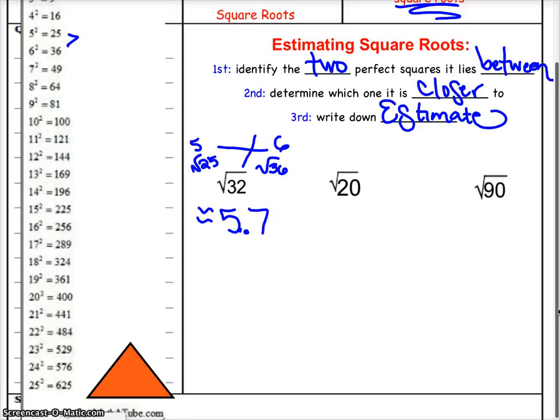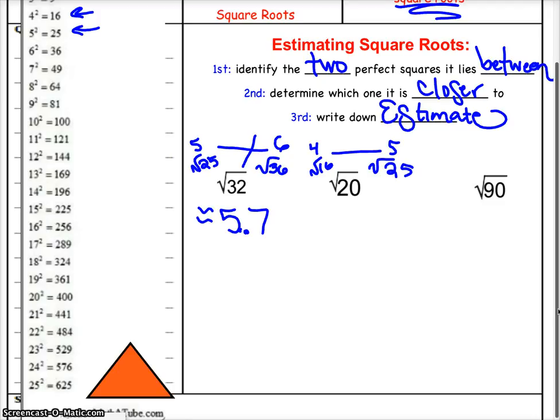Okay, so square root of 20. The square root of 20 lies between the square root of 16 and the square root of 25. The square root of 16 is 4. The square root of 25 is 5. So I know that this is somewhere between 4 and 5.